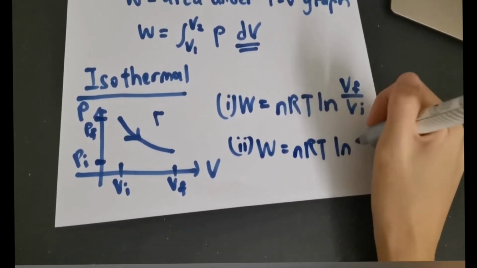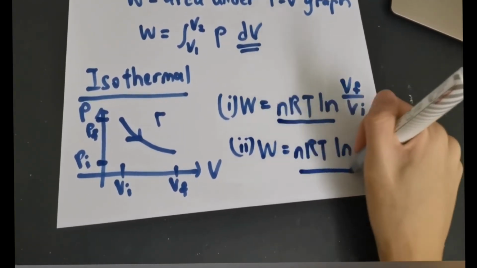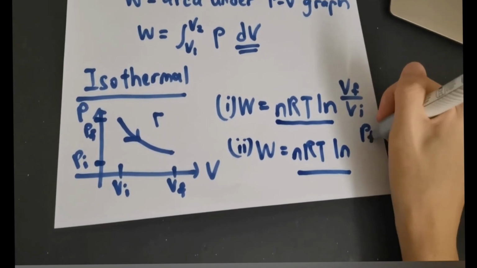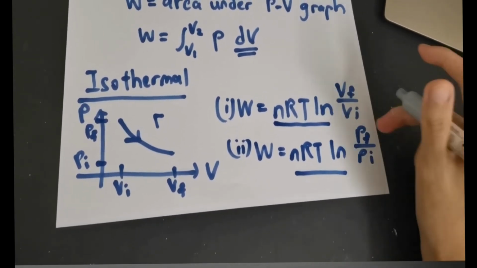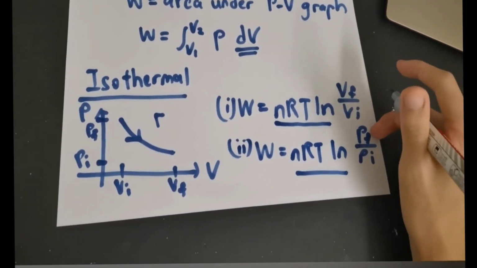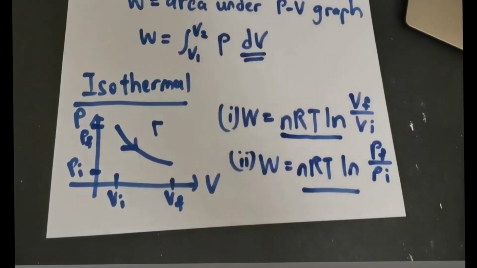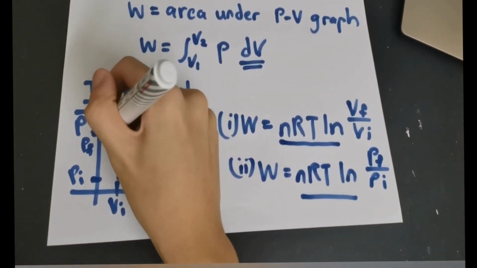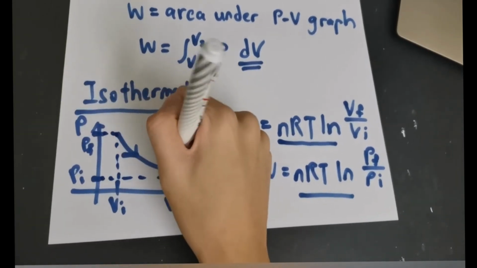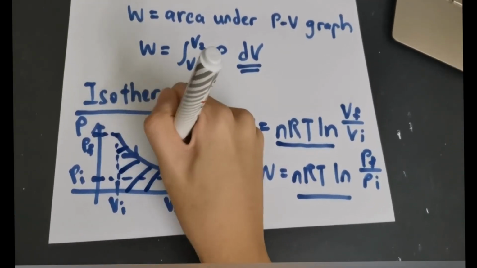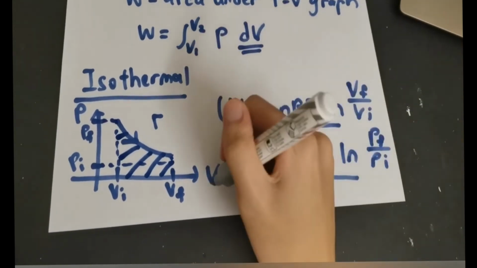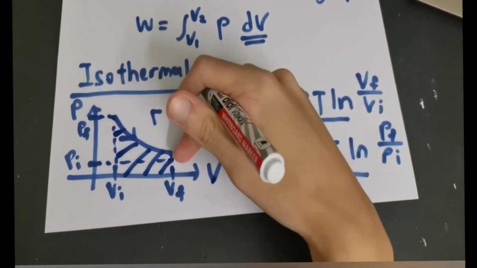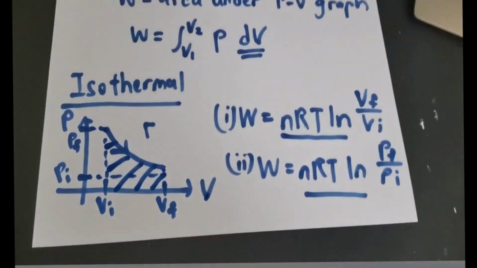It's the same thing as this part: P pressure final over pressure initial, higher pressure over the smaller pressure, remember this. Also the work from the graph is just this part, between the curve and the V axis.